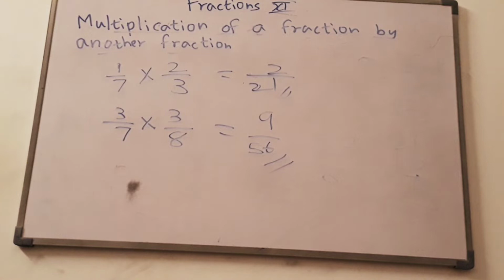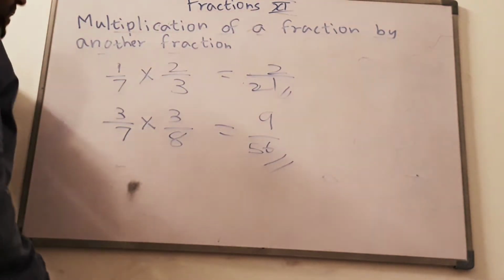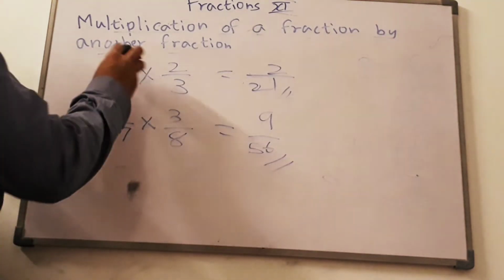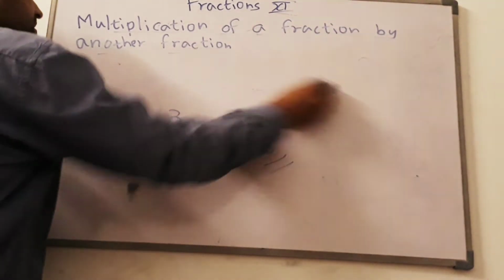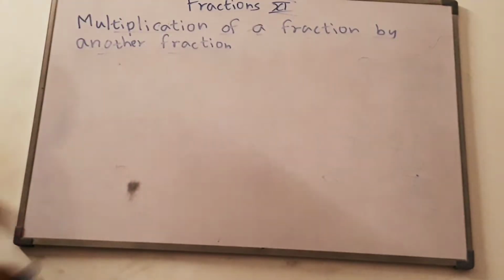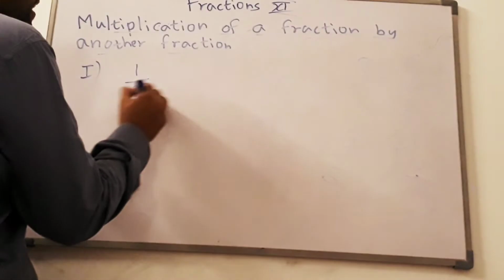Okay, so far we learned how to multiply fractions without common factors. Now let's try to sort out the fractions with common factors. First sum. Half times 2/3. How can we do that?